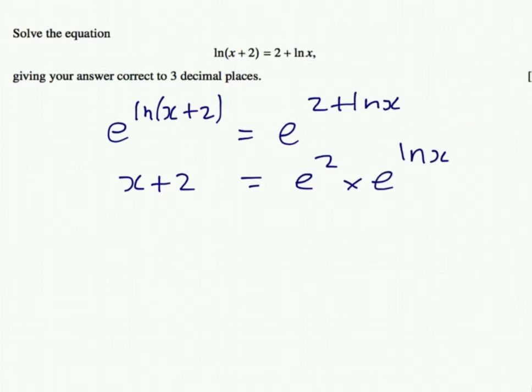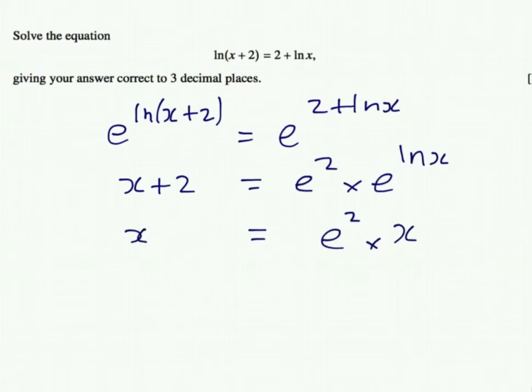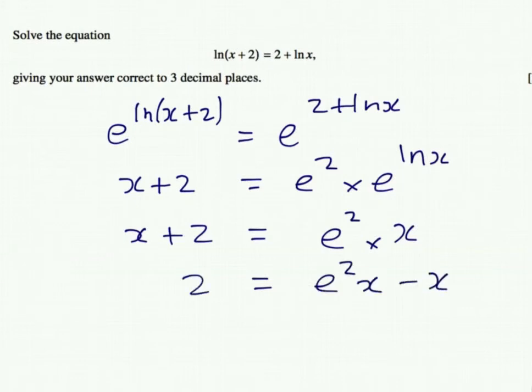Okay, so now that we've got that, on the right hand side we've got e to the power of 2. e to the ln x is just x. So we've got x plus 2 is e squared x. If I now subtract x from both sides, I've got e squared x minus x equals 2.